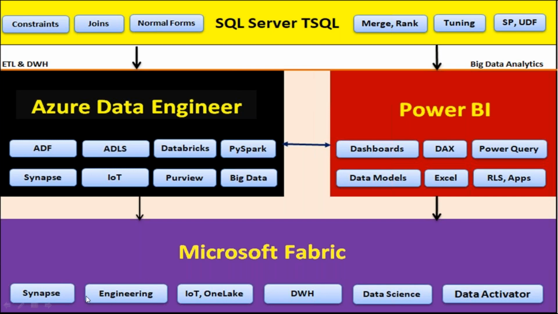A controller of all these items is called data activator. The data activator component is going to control all the Synapse environment, Synapse engineering and Synapse IoT, warehouse and data science components. Go through it carefully.